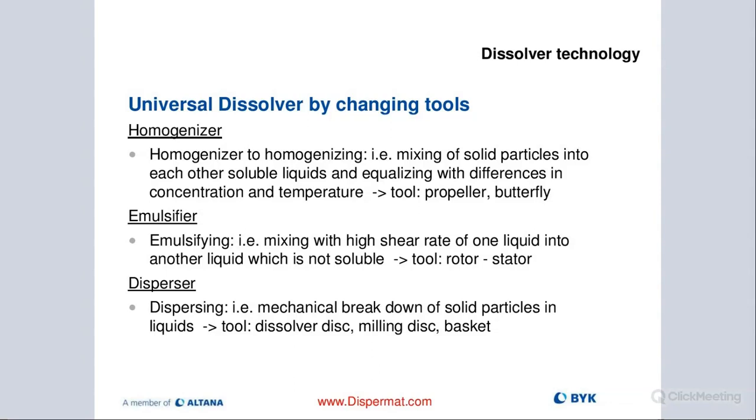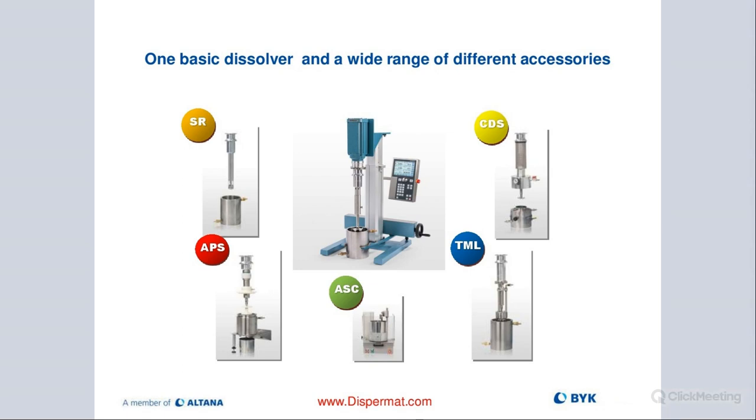All these different attachments are available, and you can turn a dispermat into a different piece of equipment in less than 1 minute. You move them from a disperser over to a media mill or a rotor stator or a vacuum system. That is the great aspect of a dispermat, is that fantastic flexibility.